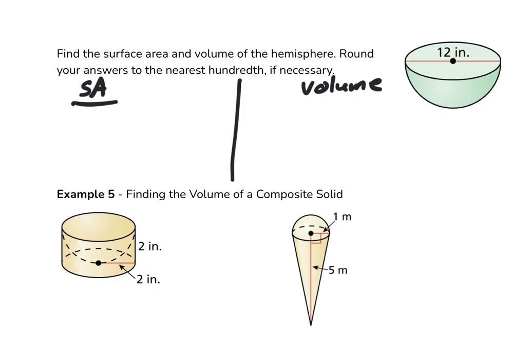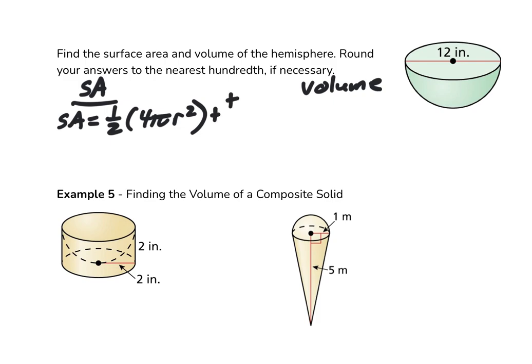First of all, we have to find the surface area of a sphere, but we only want half of it. So what we would do here first is half of the surface area formula. But then we also have to cover the top of it up.